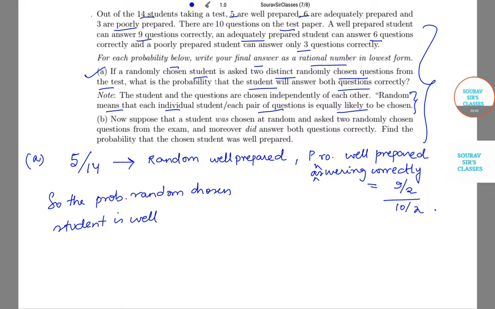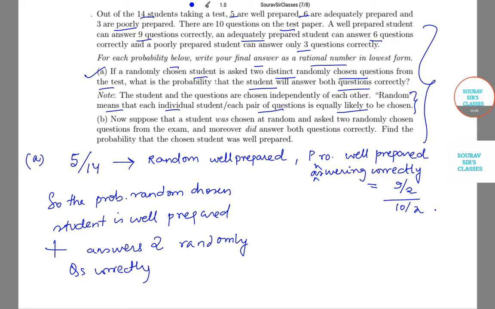So first you are choosing randomly a student and he needs to be well prepared, and along with that he needs to answer 2 randomly chosen questions correctly.